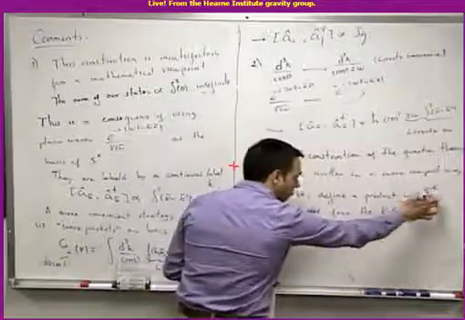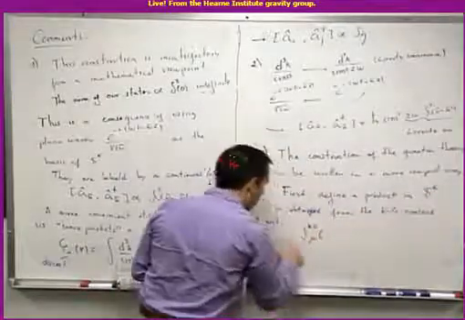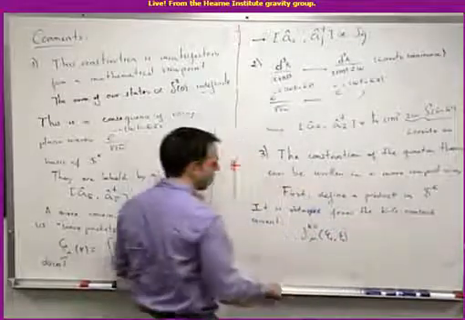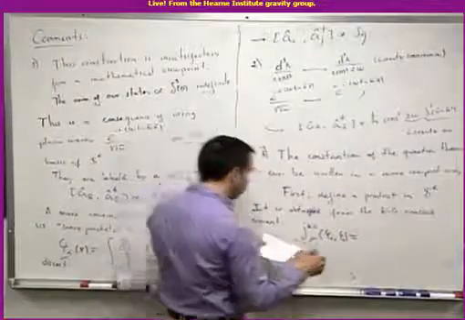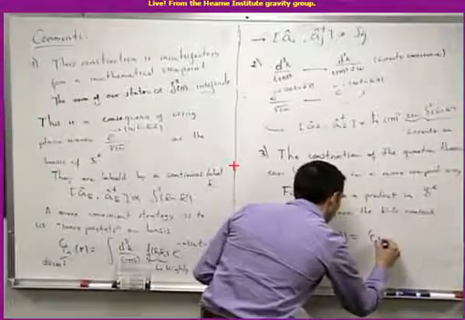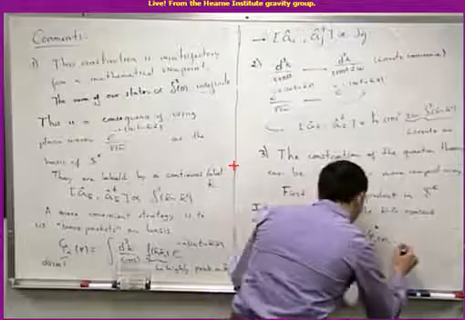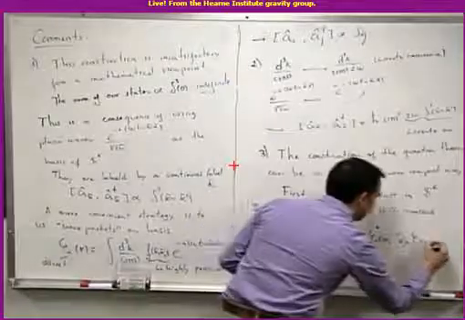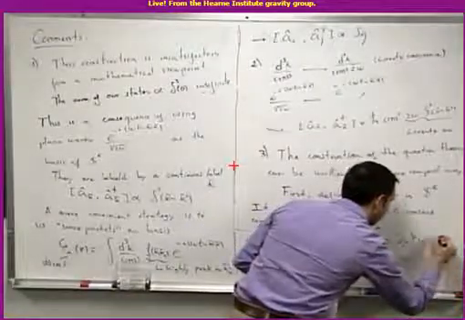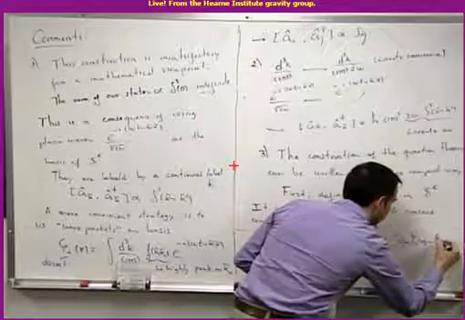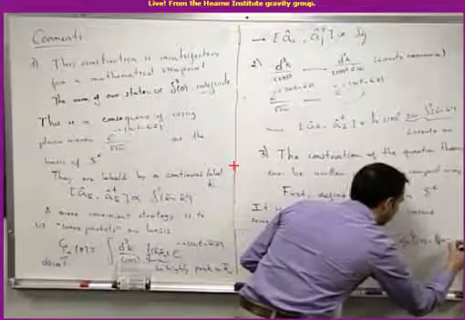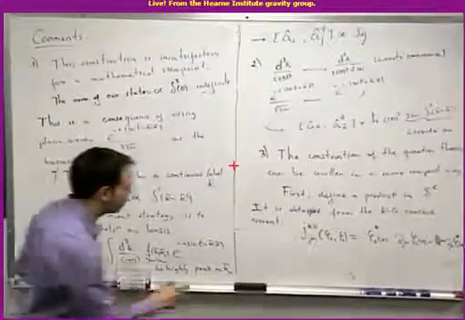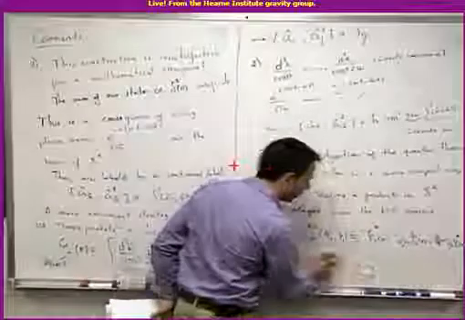I am working in the space of classical solutions. So a current J, which will depend on two solutions. Given those two solutions, the current is just the first solution complex conjugated times partial mu of the second solution, minus the second solution times the derivative of the first solution complex conjugated. This is the definition of the Klein-Gordon current for two solutions.